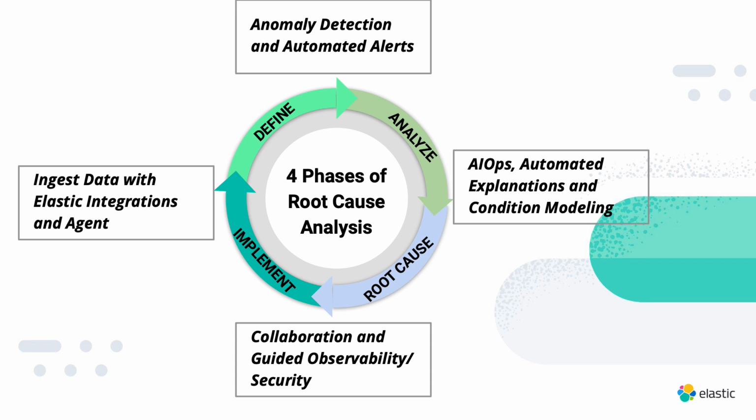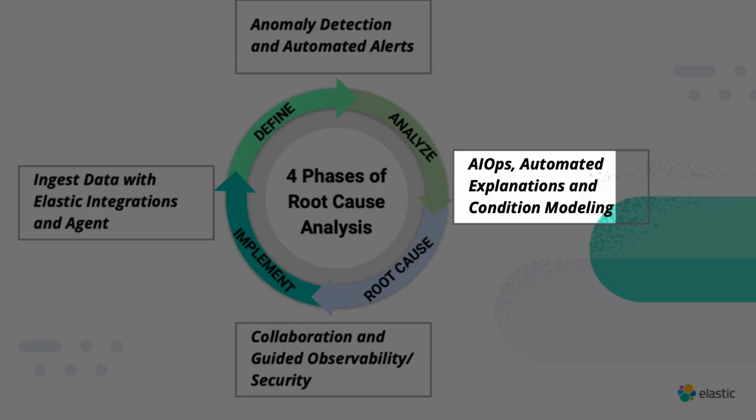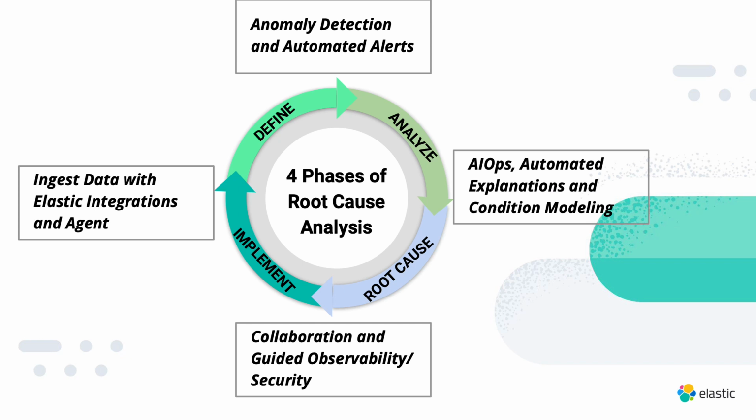Moving on to the analyze data phase, identify the various factors contributing to the identified issues by applying statistical methods like automated log rate spike explanation, also one of our AI Ops capabilities, or applying supervised models, like classifying domains as suspicious, or characterizing the state of your system with a classifier.